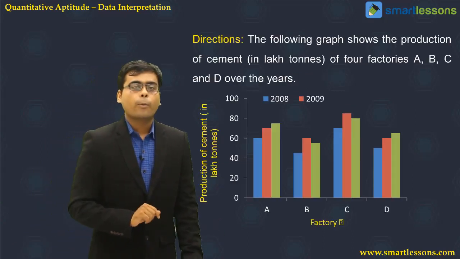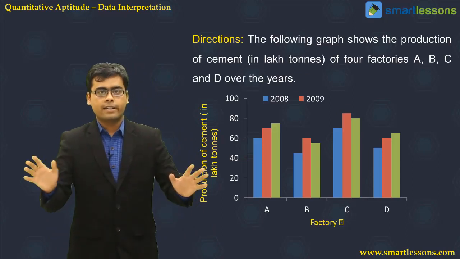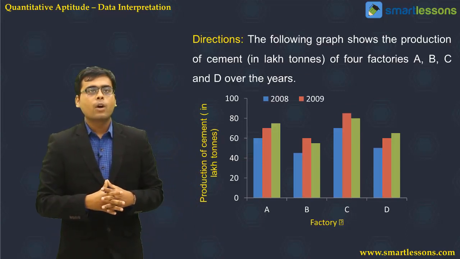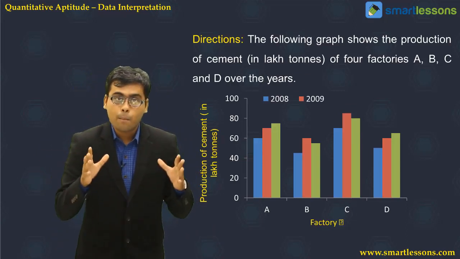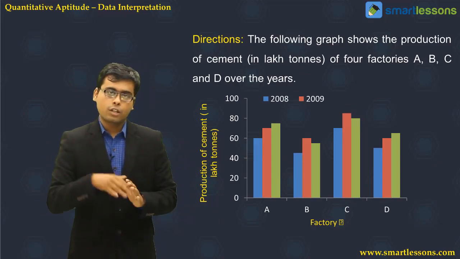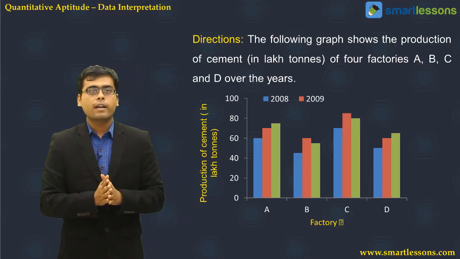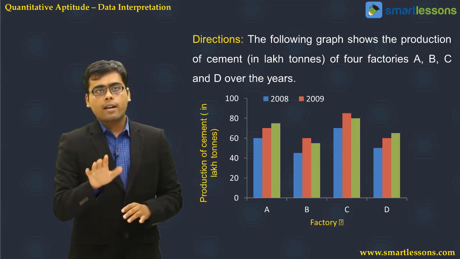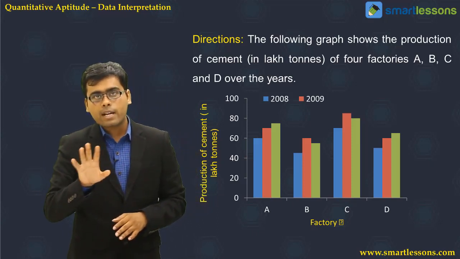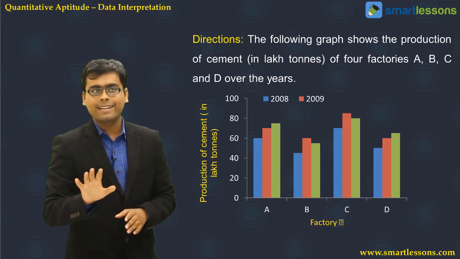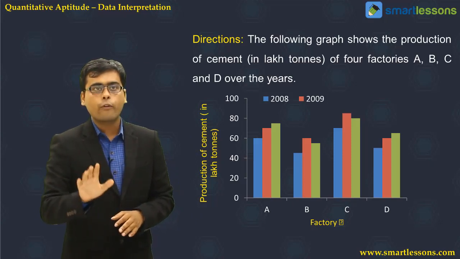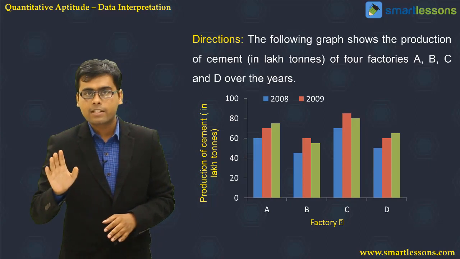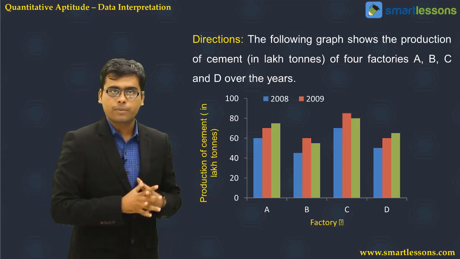Okay, now this is a different form of presentation. What is that? That is a bar chart. Now the directions: the following graph shows the production of cement in lakh tons of 4 factories A, B, C, D over the years.